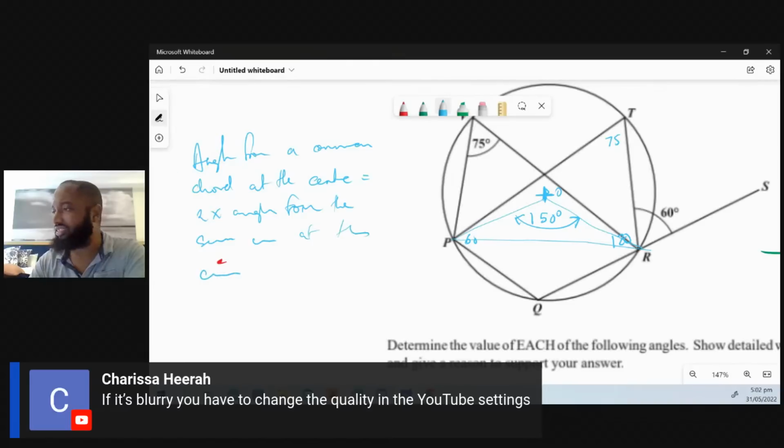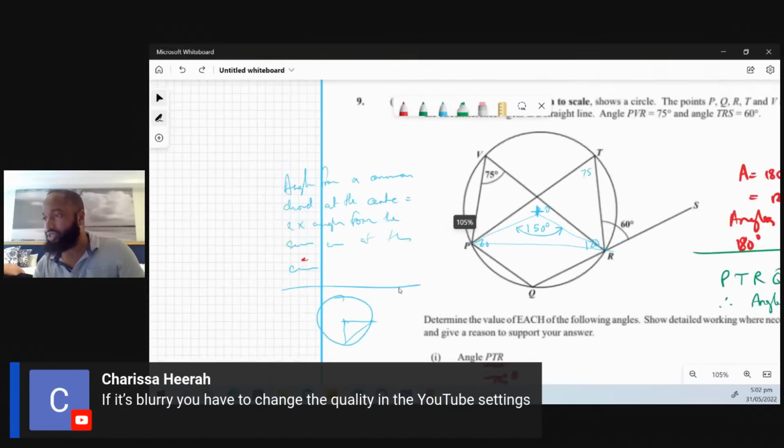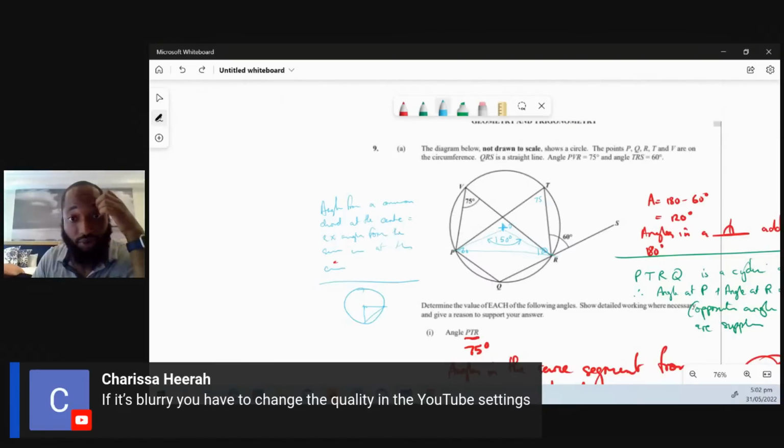Now, the reason I write it like this is for time, right? This rule comes from circle geometry, and you can look it up. It's one of the most watched videos on this channel, actually. If I have a chord like this, and you know what a chord is? A chord is any straight line touching two points on the circumference, right? If I make an angle at the center, it will always be twice the size of an angle made at the circumference. If you go and look that up, right? So that's that.